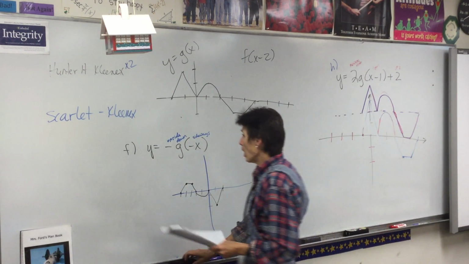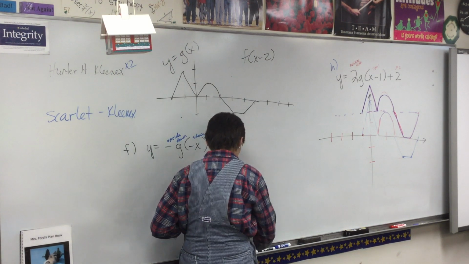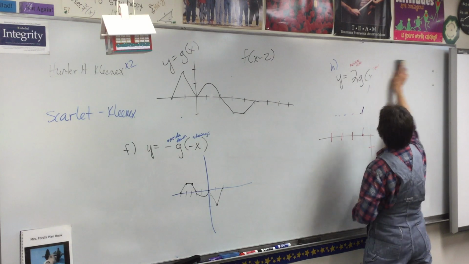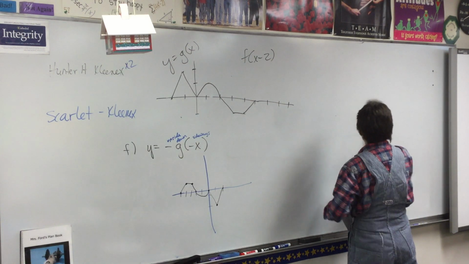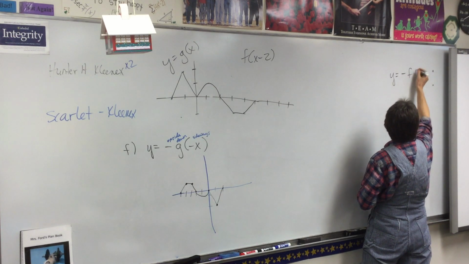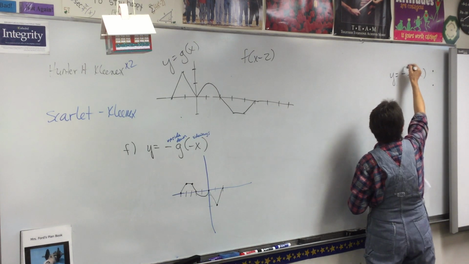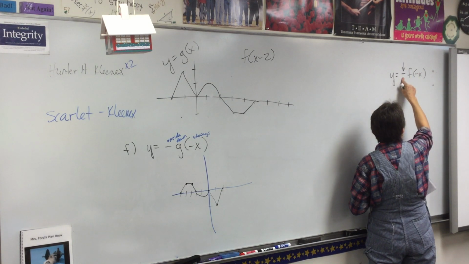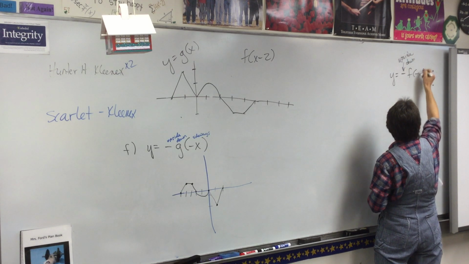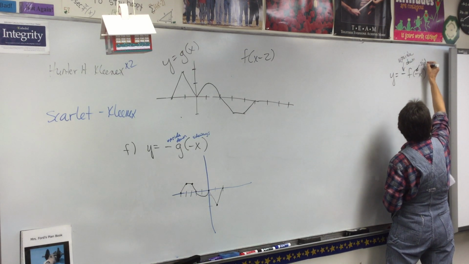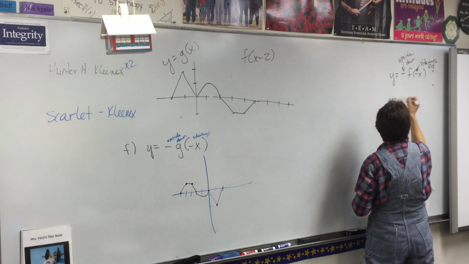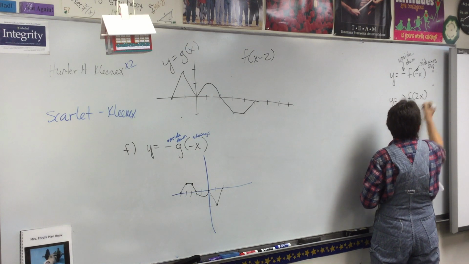All right, we have one more kind of transformation to talk about. Let's make a little list over here and just make sure we remember what we're doing. Let's look at the negatives. This one does what? Upside down. This one does what? Sideways flip. Alright, then we have numbers multiplied.